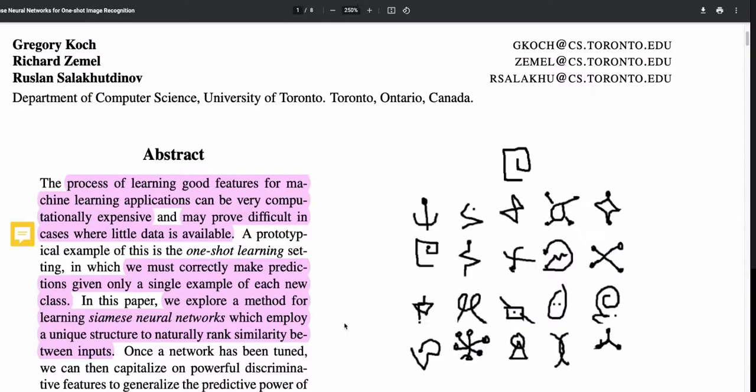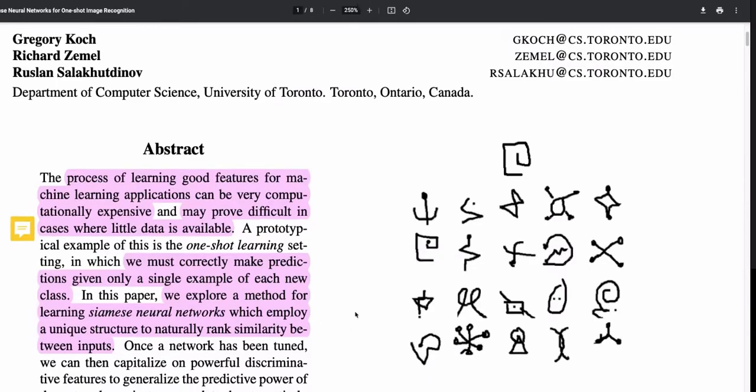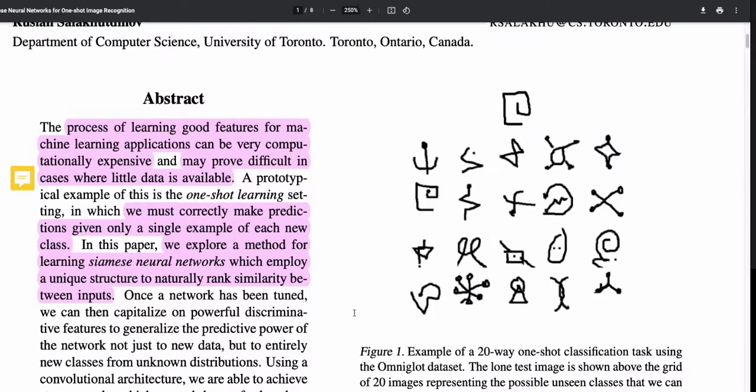So we expect that the score will go down, as low as 0, when they are dissimilar, and when the two inputs are the same, you expect a very high score. So that's the idea behind this paper.